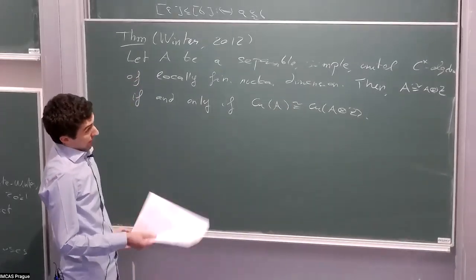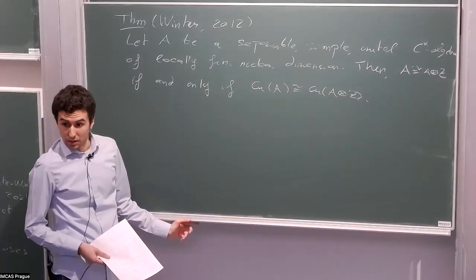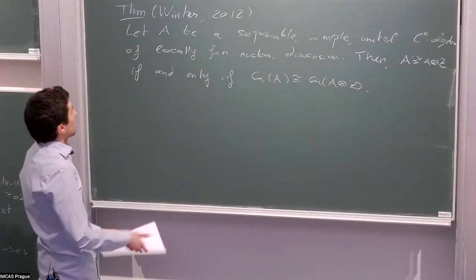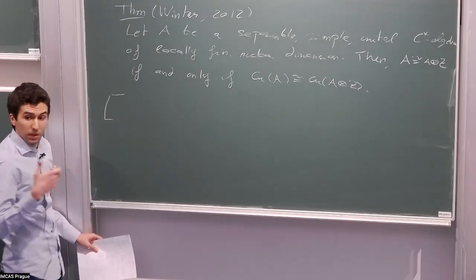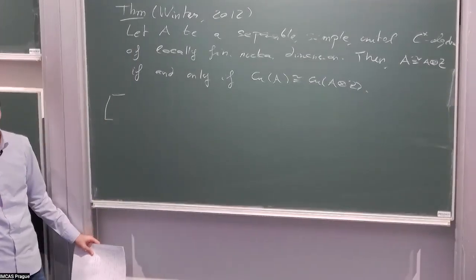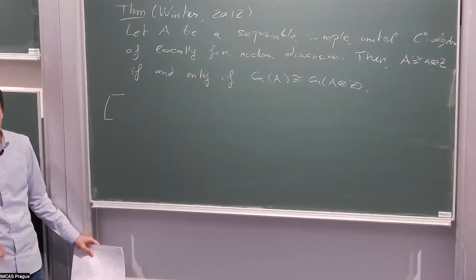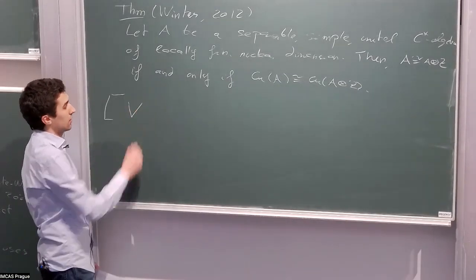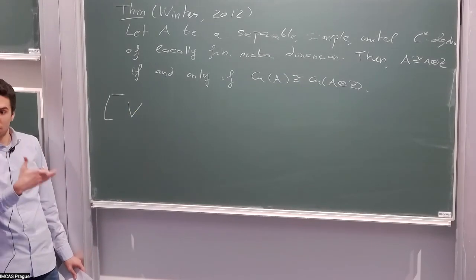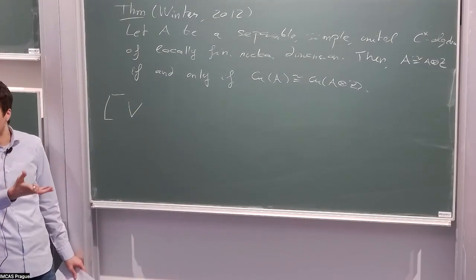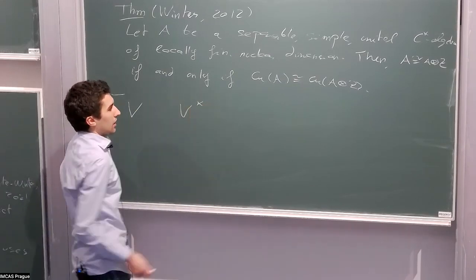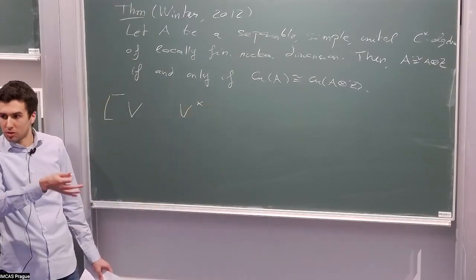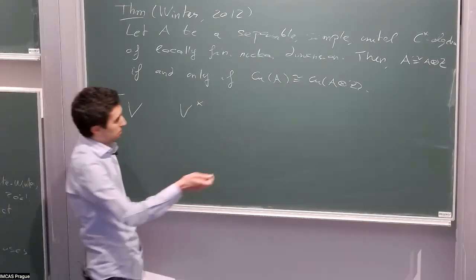And this, again, is where the rank problem comes in. Essentially, the two relevant things that I'm going to discuss now have something to do with linear algebra, with vector spaces. So in a vector space, let's say B, the set of functionals of this vector space form another vector space, which is the dual of B, right? And since this is another vector space, you can apply the construction again and get the double dual.